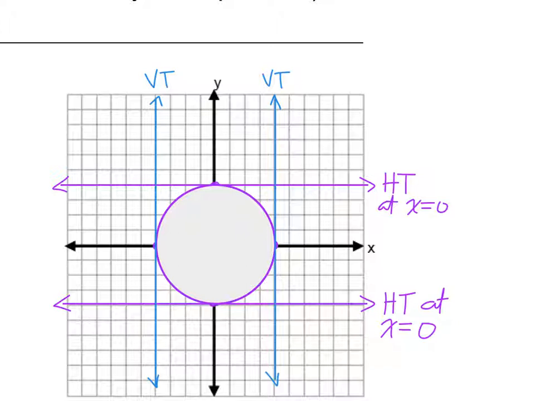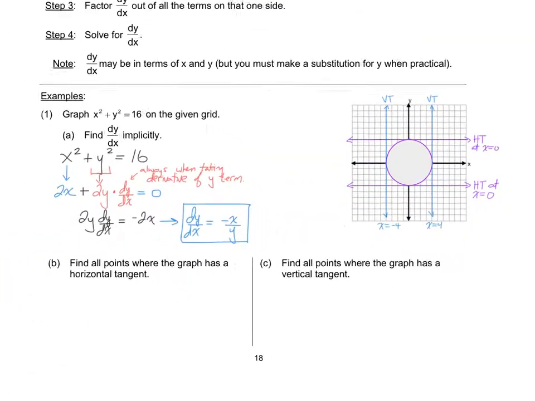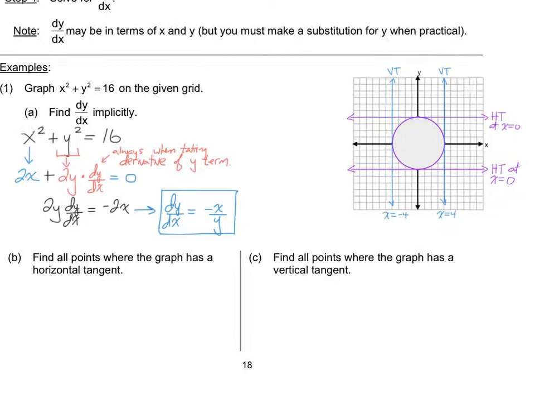There you could identify the x values also. Those are happening at 4 and negative 4. So you can get it off of the picture, provided you can construct the picture.